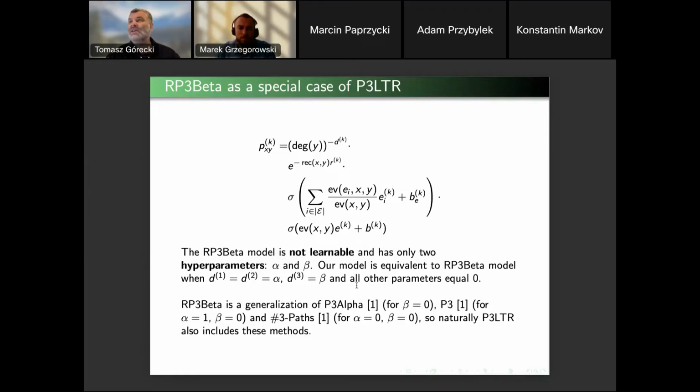When d1 and d2 are equal to alpha and d3 to beta, and all other parameters are fixed at 0, our model is equivalent to RP3 beta. We can also find sets of parameters for which our model is equivalent to P3 alpha, and of course 3 paths, because these are special cases. So naturally, our model includes these models.